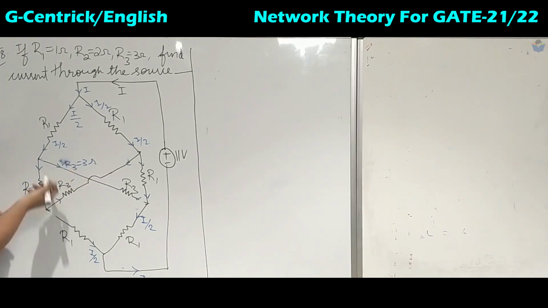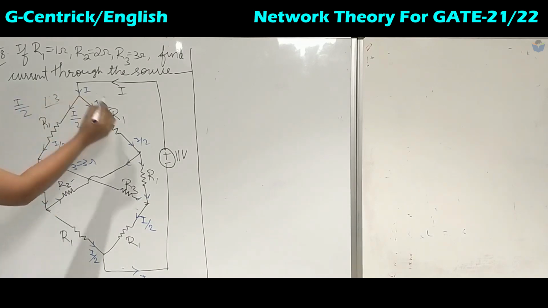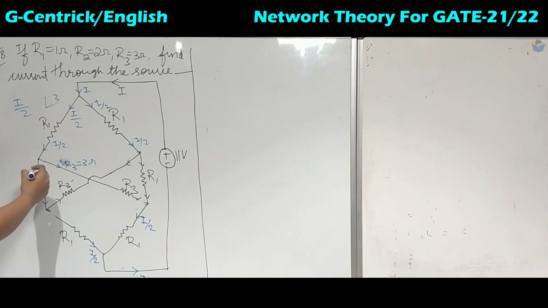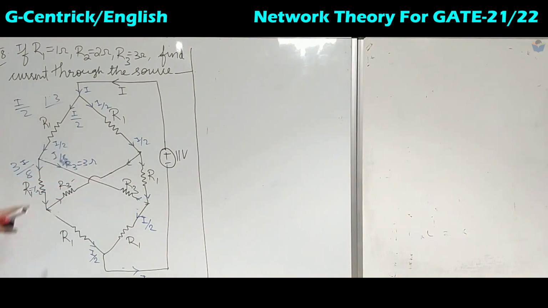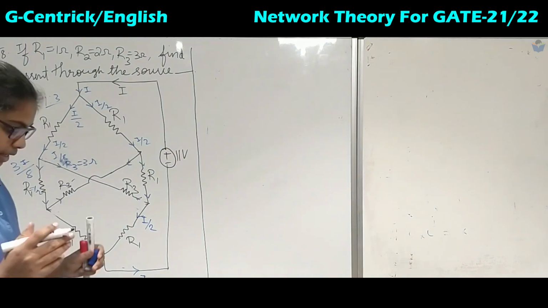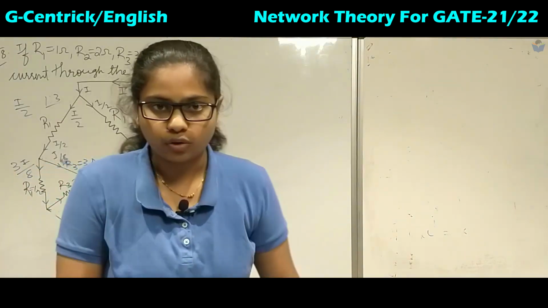So if I by 2 has to get divided in the 1:3 ratio, it is nothing but 3I by 8 amount of current flows in this direction, and I by 8 flows in the R3 branch.